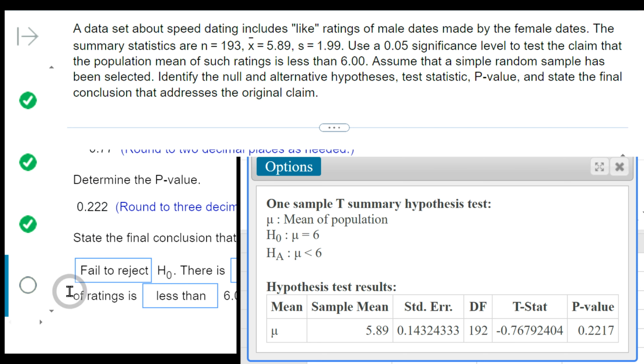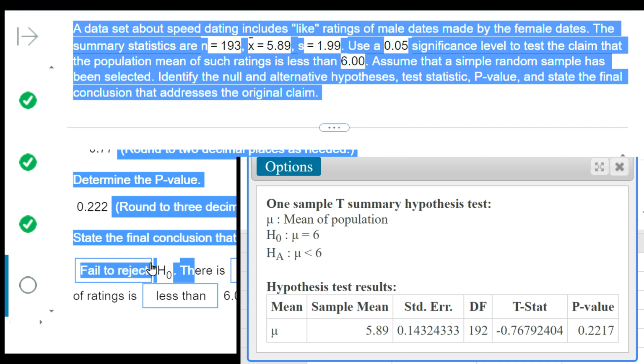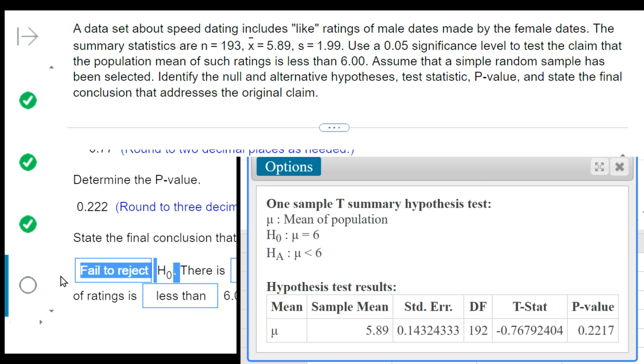I'm failing to reject the initial one, I'm failing to reject the H0. I'm not saying it's true. I'm saying I don't have any way to dispute it. The only way I can get to the alternate is if I have something to dispute this one. Well, I don't have the evidence to dispute that one.